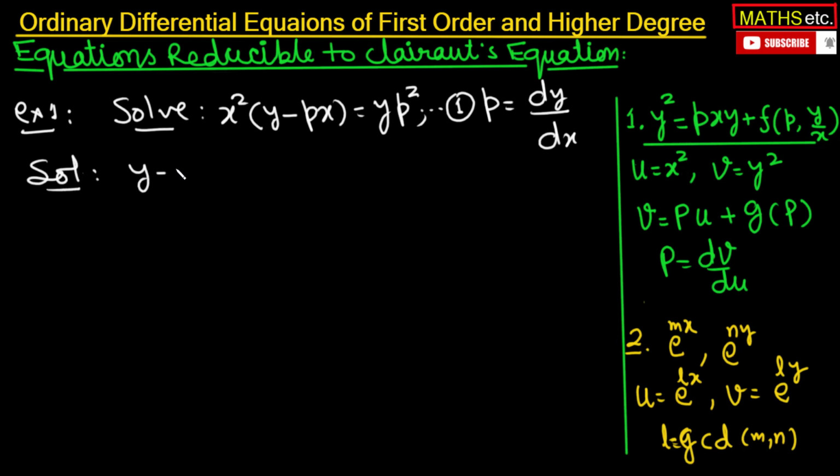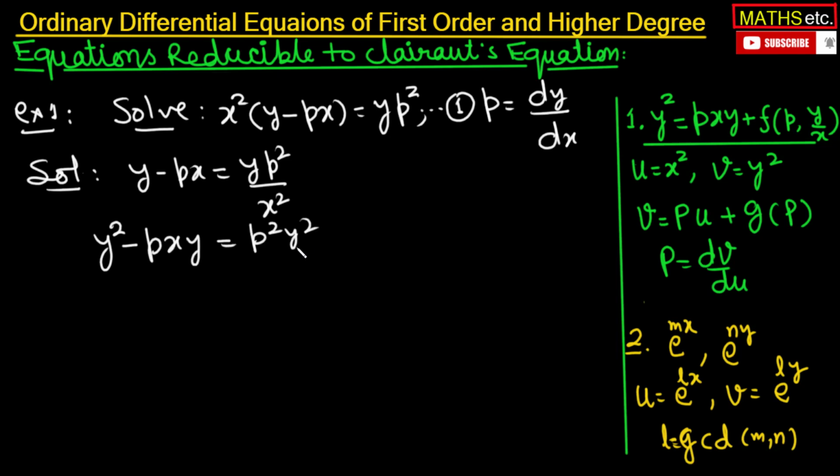We can rewrite it as y minus p x equals y p square over x square. We have divided throughout by x square, right? And now we need y square, so I'm multiplying this equation by y. So this becomes y square minus p x y equals p square y square over x square, right? And this can be written as y square equals p x y plus p square y square over x square.